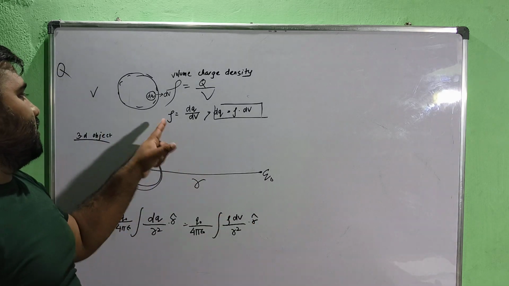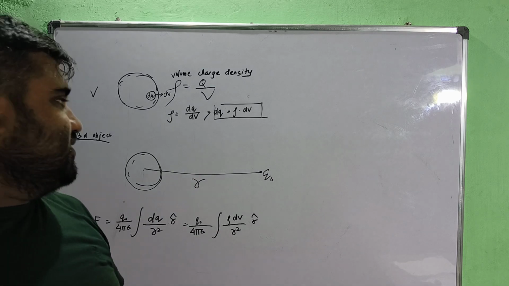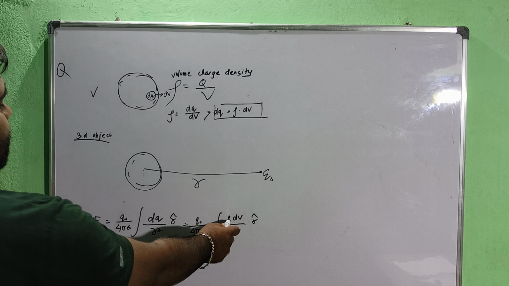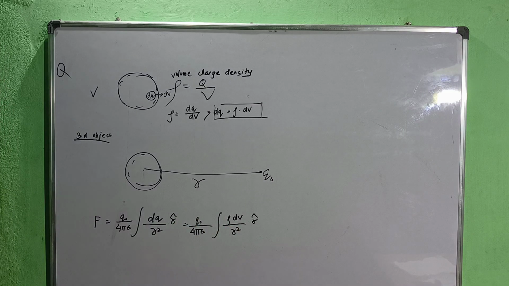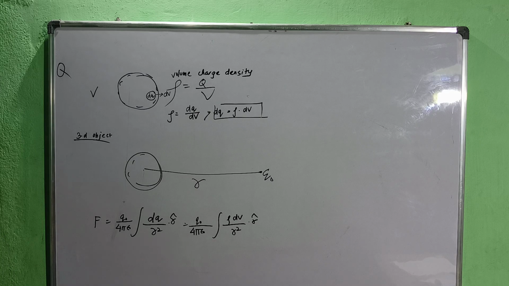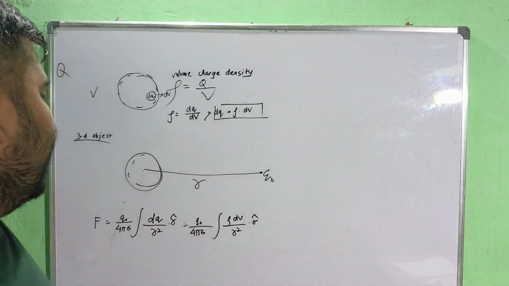Rho is a constant quantity. Density is a constant quantity. You can always bring it out of that integral. It's your choice; even if it is inside that integral, it is not going to affect the integral.